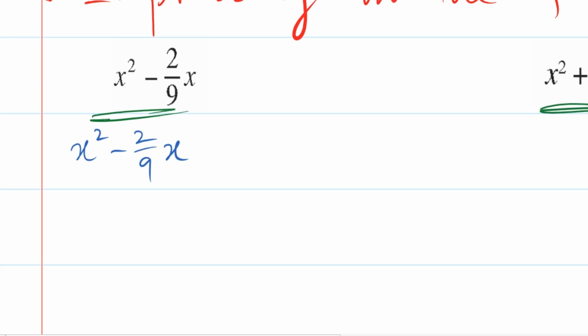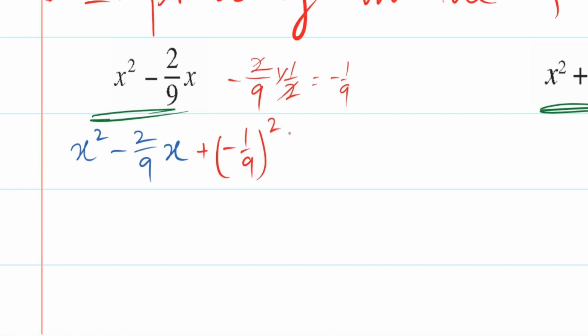So in this case we have minus 2 over 9 as the coefficient of x. We will take half of it; to take half of a fraction, you simply multiply the denominator by 2. So half of minus 2 over 9 will be minus 1 over 9. So I will add this minus 1 over 9 whole square, means I will add and subtract the square of half of the coefficient of x.